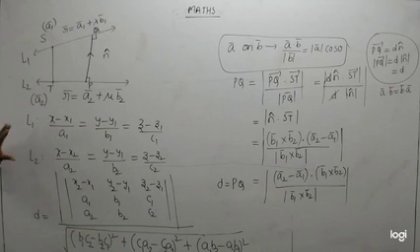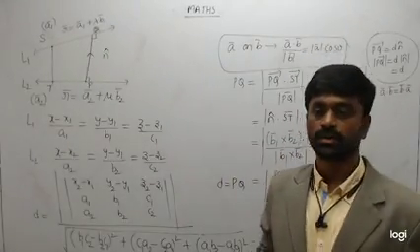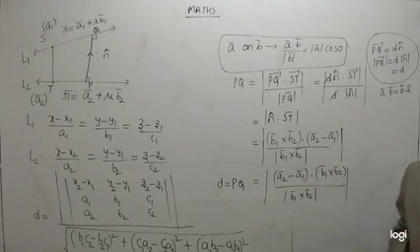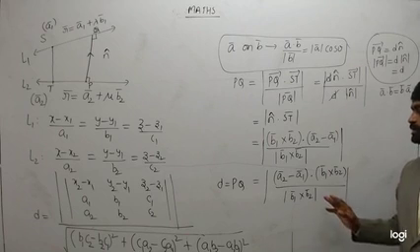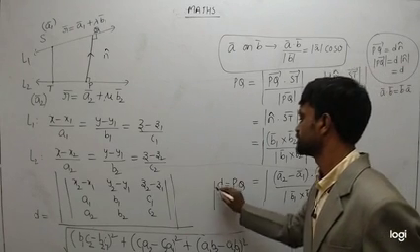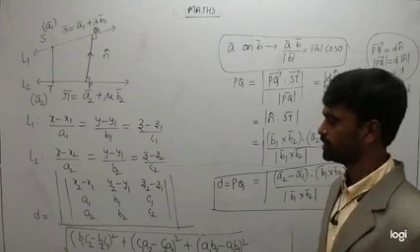So when the Cartesian equations of the lines are given, this is the formula to find the shortest distance between the given two skew lines. But my suggestion is, if you are able to convert the Cartesian into vector form, better use this formula. This is the formula you have to use to get the shortest distance between the given two skew lines when vector equations are given.